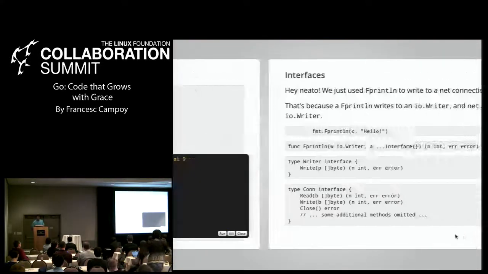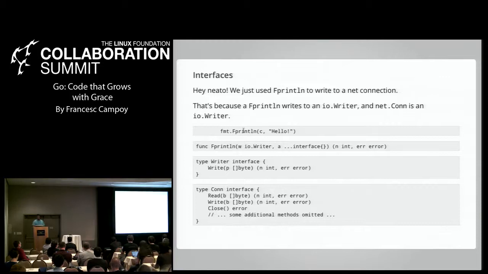Something interesting is that we're using the Fprintln function, which is part of the fmt package, and the first parameter for that function is a writer. A writer is an interface also that contains only one method, Write, and actually any type implementing that method is by definition a writer. We don't have to say explicitly that the type is a writer.